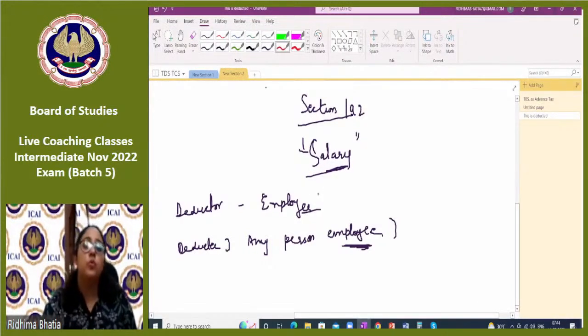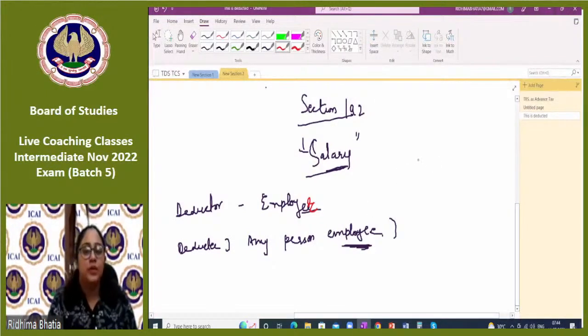Now again and again when I say you will deduct, you are the deductor. So you are the employer. When the income would be taxed as salary under this person's head, then only you will deduct the TDS. And for salary, what is important?